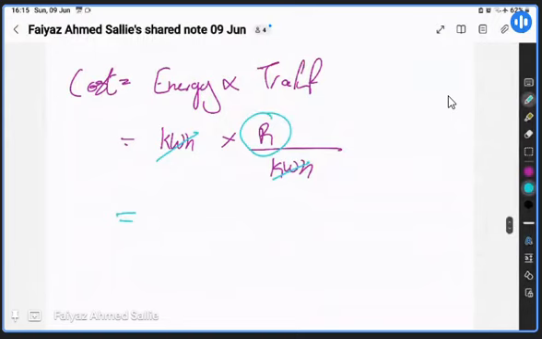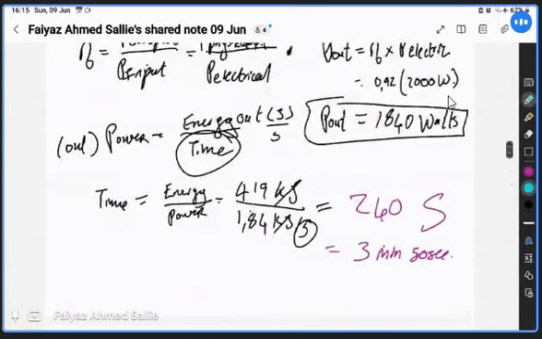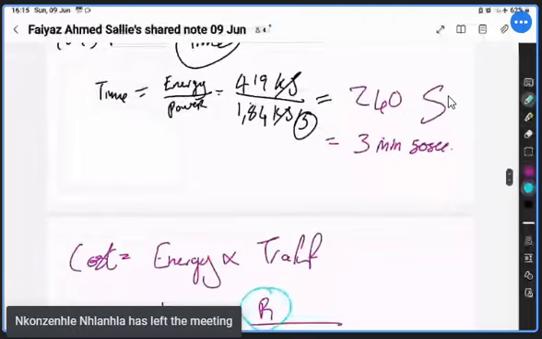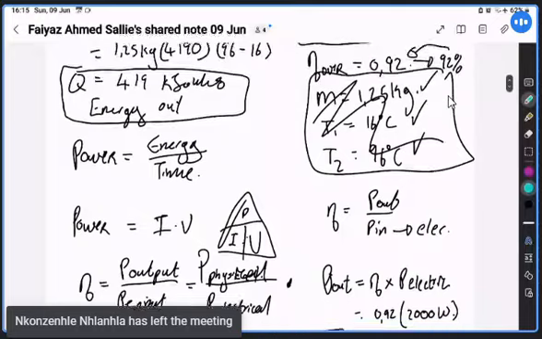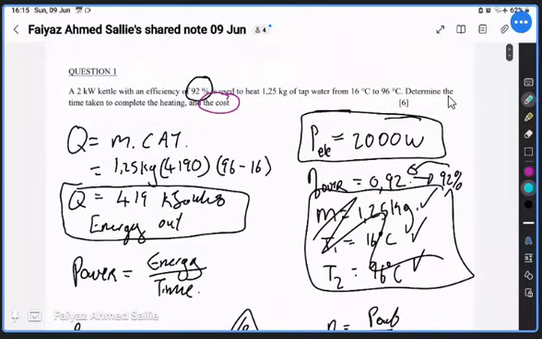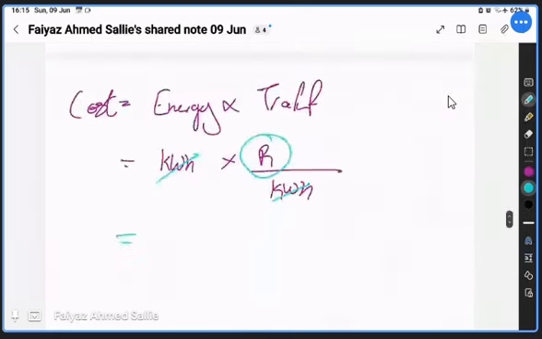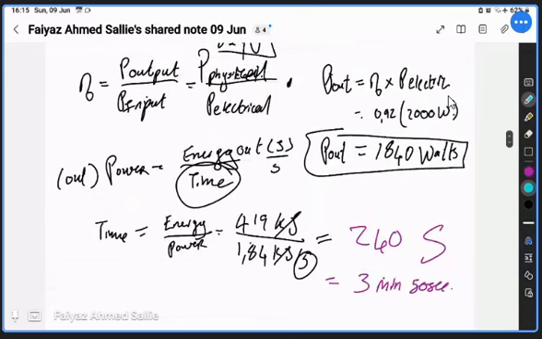Okay, let's plug in the values that are given. Where is this? Energy.